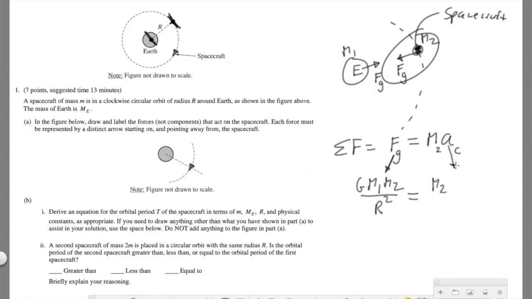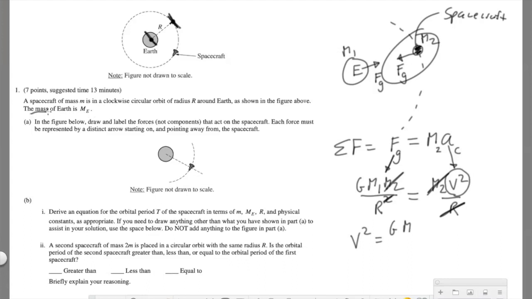Now, centripetal acceleration is v squared over r. At this point, one of the r's cancels, and then m2 also drops out. So I'm just going to rearrange this. Let's solve this for v squared. So v squared equals G mass of Earth, which I called m1, but you know what? Now let's use their terms.